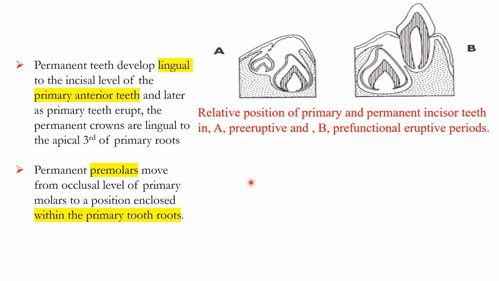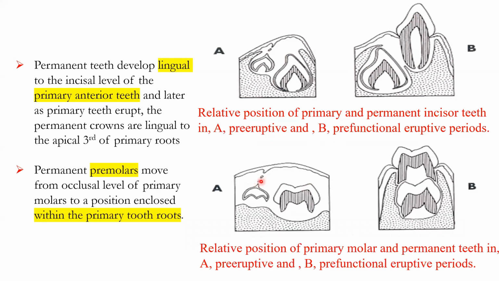And the permanent premolars are at an occlusal position with your molars, and initially they will be slightly lingually situated, but eventually they will be right underneath the roots of the primary molar.